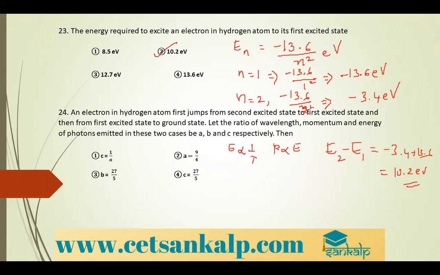From this you can also write E is proportional to 1 by n square. Further, from these relations you can say B is equal to C, and A is equal to 1 by B.